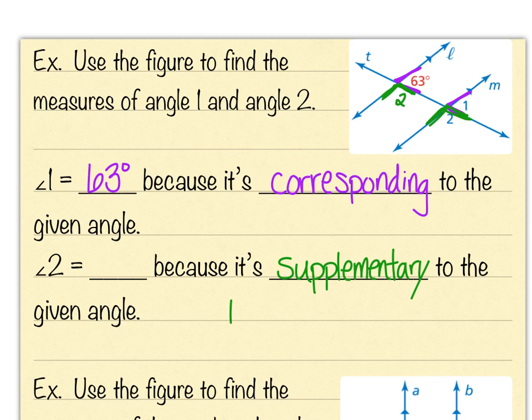So if we take 180 and just subtract away the 63 degrees, we get 117. So the angle 2 has to be 117. And actually, that's true about all these obtuse angles. Every single one of these obtuse angles is 117 degrees. So all the ones here that I'm highlighting in green are all the exact same. Oops.